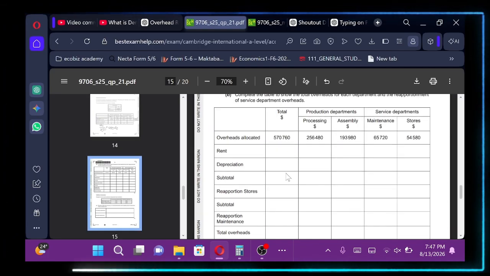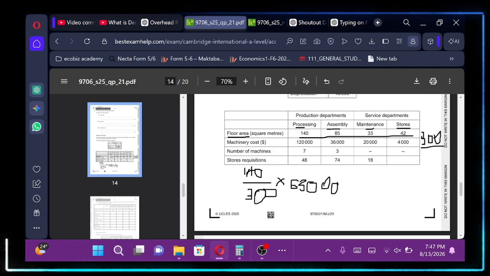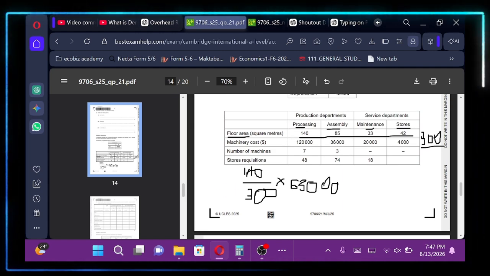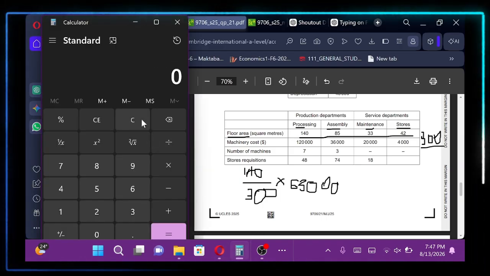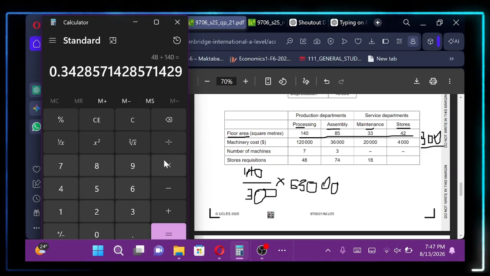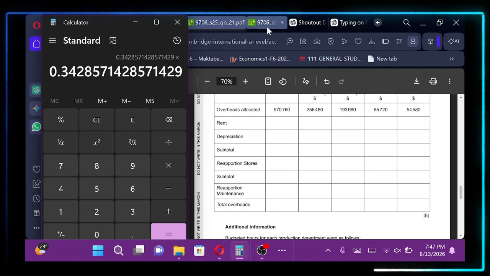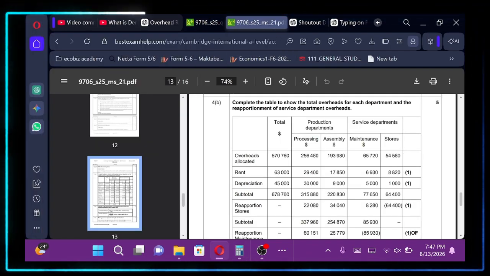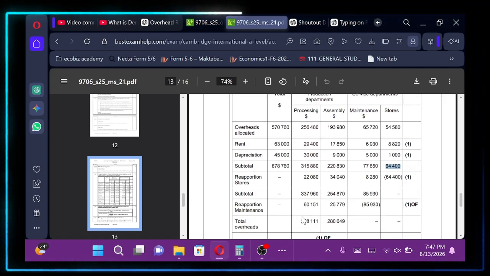Now we're going to find each one: processing, assembly, and maintenance. Starting with processing, we take 48 divided by the total, 140, multiplied by our subtotal of reapportion stores, which is this one, 64,400.